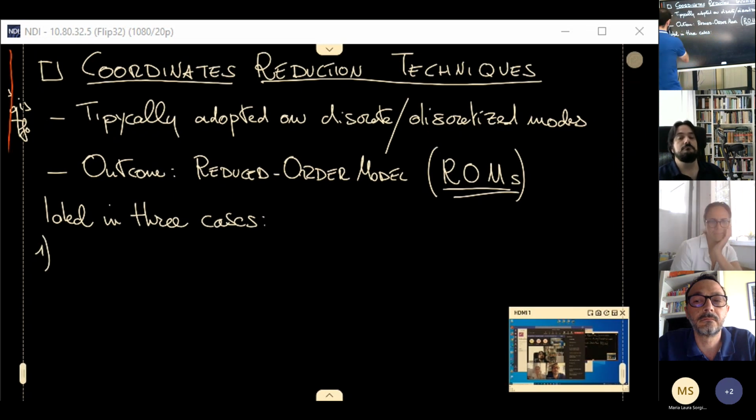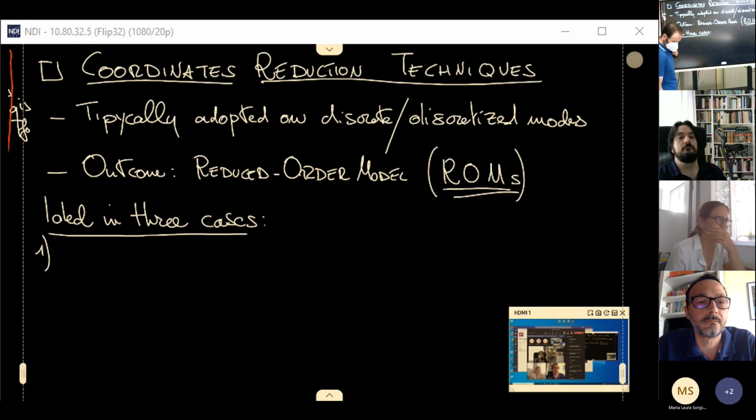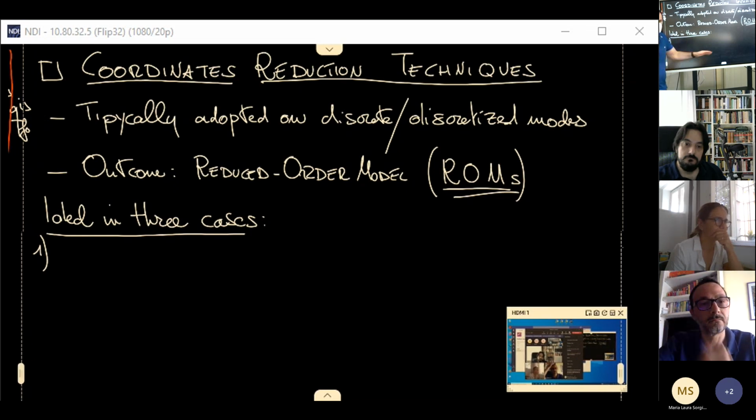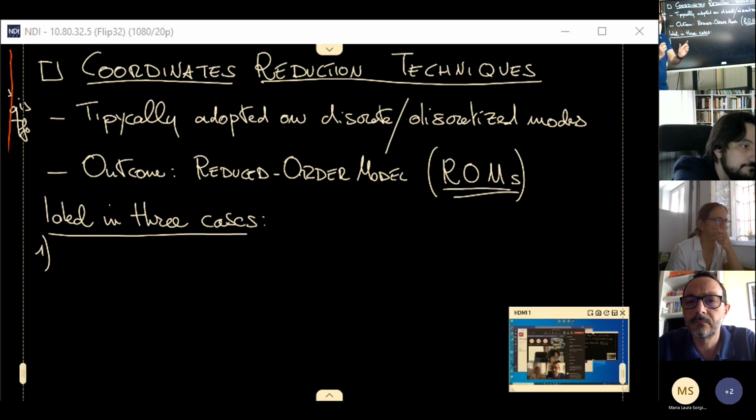The first case, when we have an interest in investigating a reduced, a limited bandwidth of frequency in the response of the structure. We do not want to know the response of the structural system on the overall bandwidth of the frequency, but just in a very specific narrow region of the frequency axis.